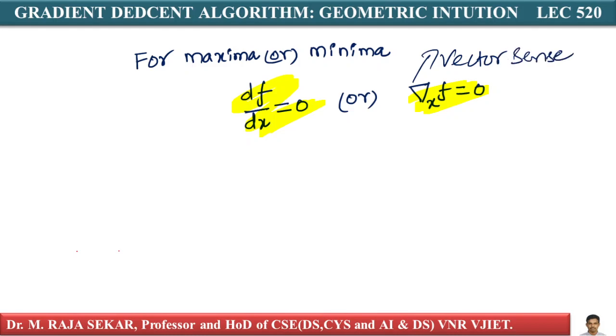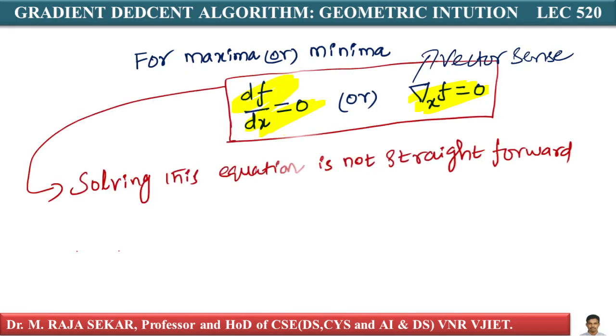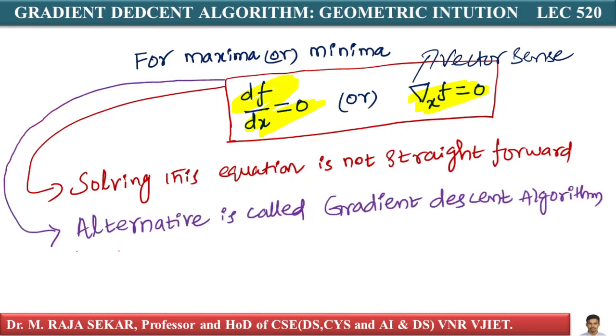In the context of vectors, it is del f with respect to x equal 0. Solving these equations was not straightforward, because solving df by dx equal to 0 could be tricky. When solving these equations is not easy, we have an alternative. The alternative is called the gradient descent algorithm.